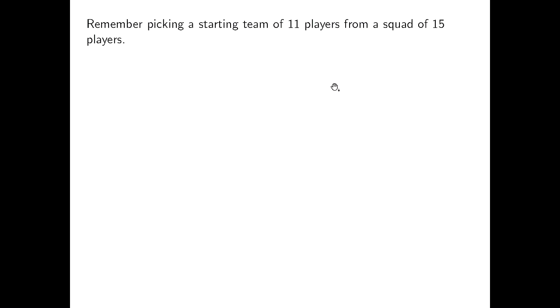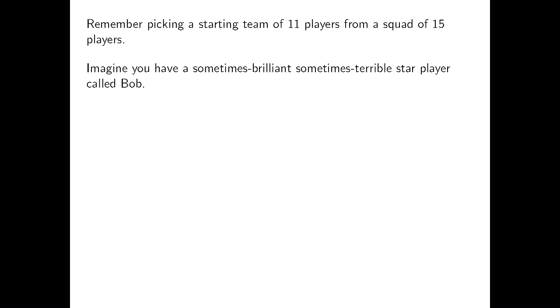So I've got a different stupid team selection analogy here. Again, you're picking a starting team of 11 players from a squad of 15 players. But say now you're the coach of a, I don't know, community football team or something. And you've got a particular, sometimes star, sometimes nothing, call him Bob, right?